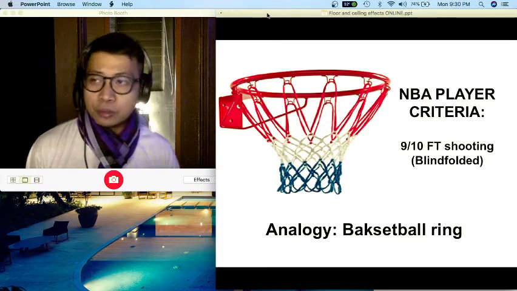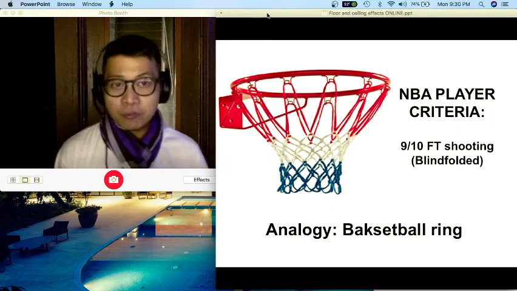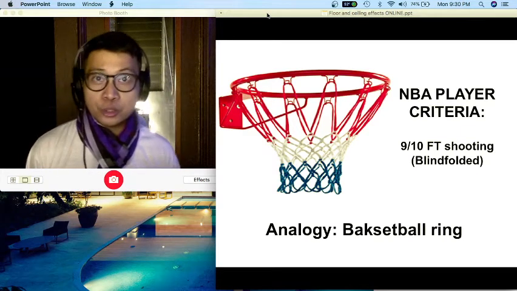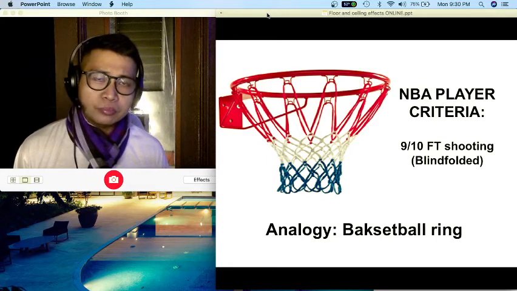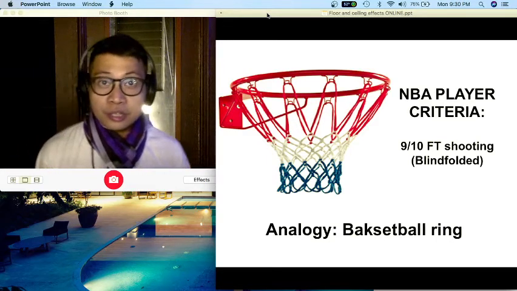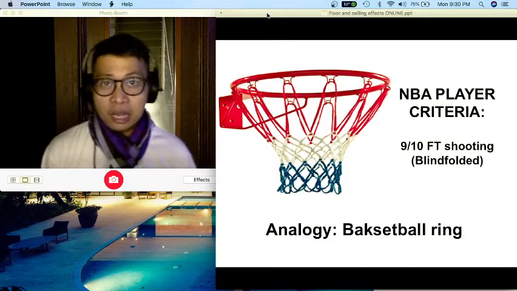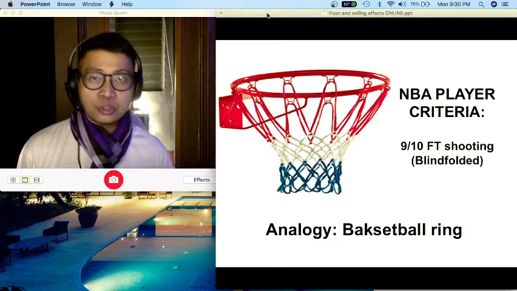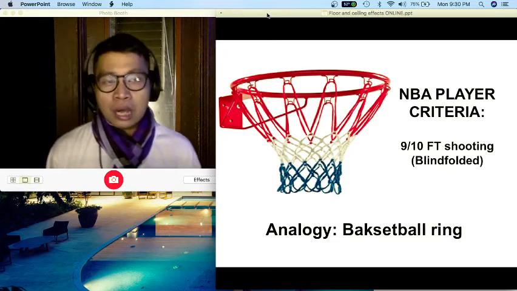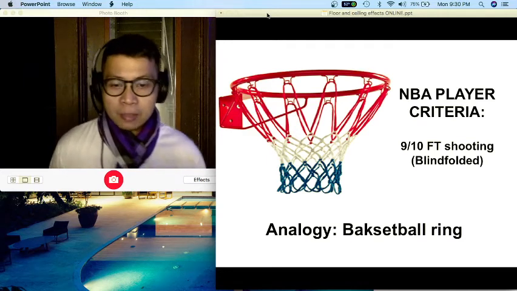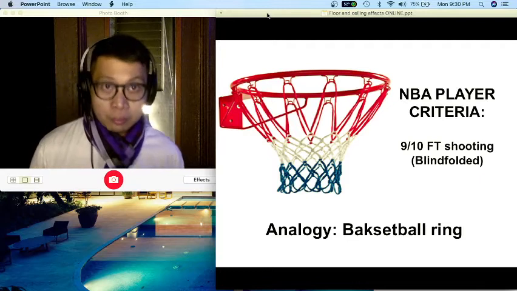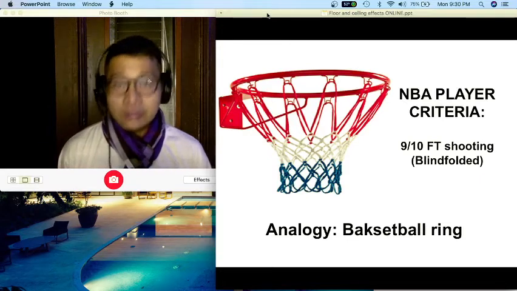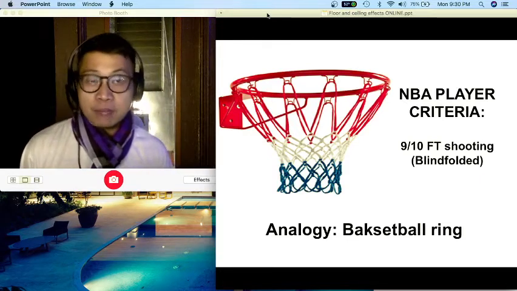And one way for me to do that is, of course, to measure their performance based on free throw shooting. Okay? Dahil ito ay NBA, kinakailangan mataas ang standard natin para masabi natin na magaling mag-basketball ang isang estudyante. In other words, ang operational definition natin dapat matindi to make sure that any student that we will pick indeed has the potential to play for the NBA. Okay?